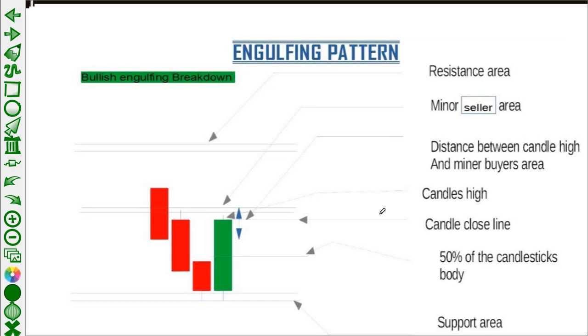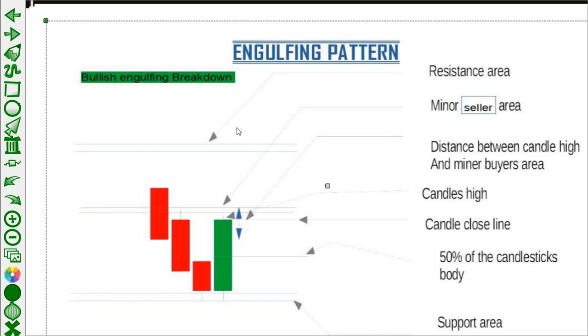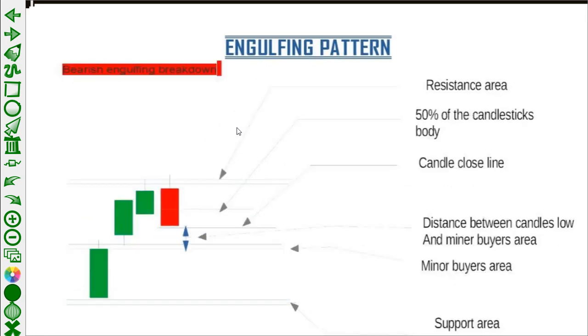Before coming to the engulfing pattern, the first thing we want to make sure is that we are on the seller side, and we are not going to take any bullish engulfing patterns. No matter how strong the bullish pattern is, how strong the bullish signal is, we are not going to take the bullish engulfing while we are on the seller side.